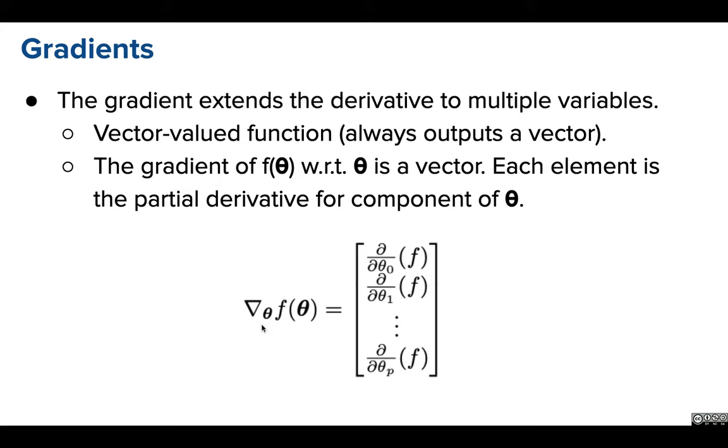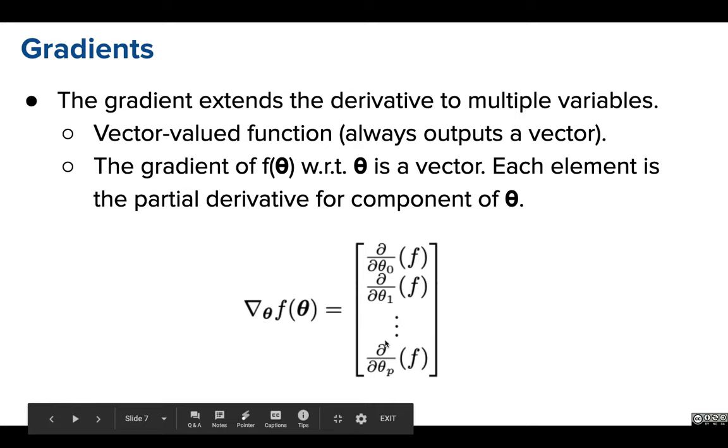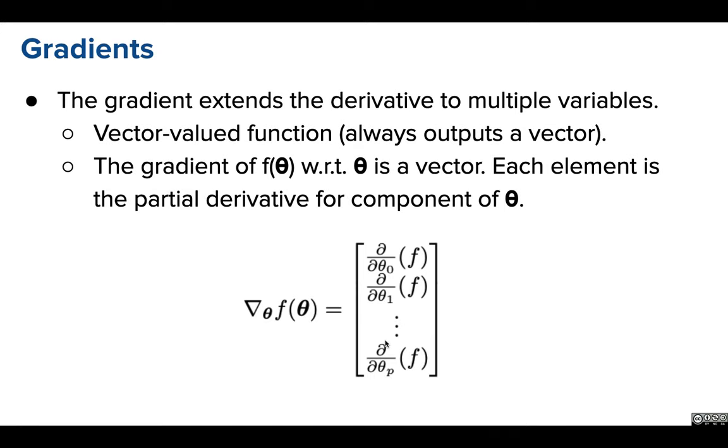So I take the partial derivative of f with respect to theta 0, put that in the top slot, take the partial derivative with respect to theta 1, put that in the second slot, and so on. It's just all the partial derivatives stacked on top of each other. That's the gradient.